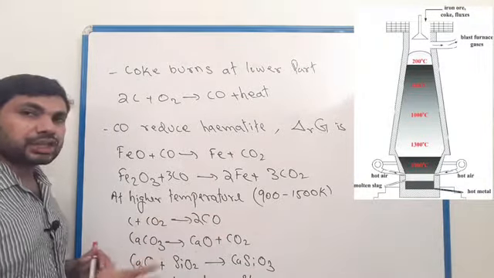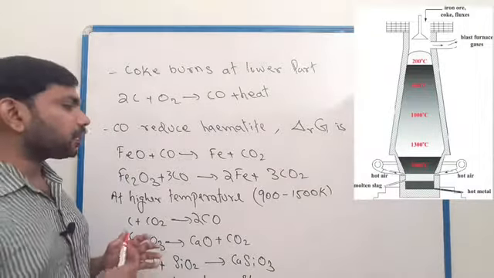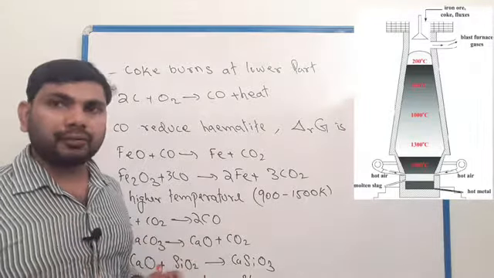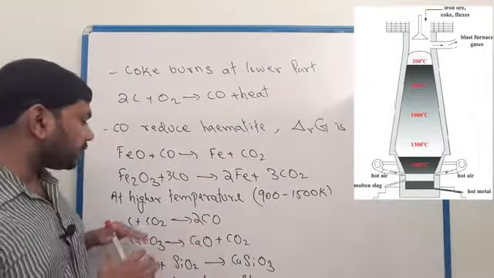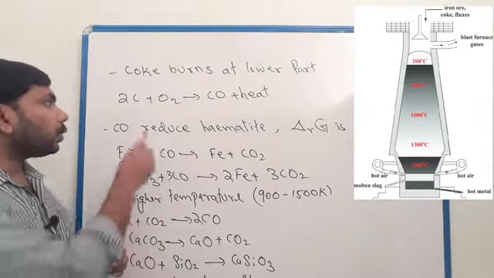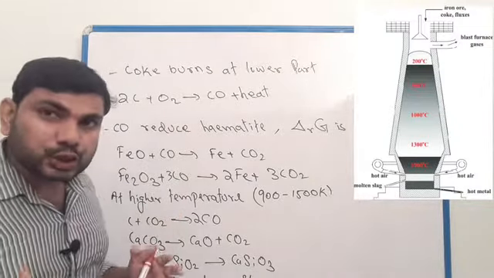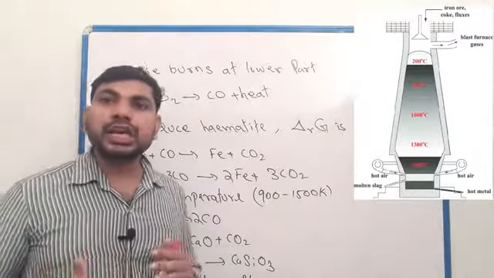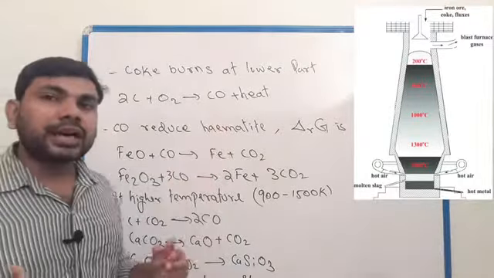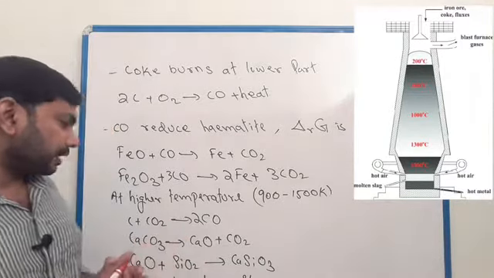This chemical reaction happens at very high temperature, around 900 to 1500 Kelvin. I told you before, coke reacted with oxygen forms carbon monoxide. It is an exothermic reaction and produces a large amount of heat energy. So this type of chemical reaction helps to produce higher temperature inside the blast furnace.